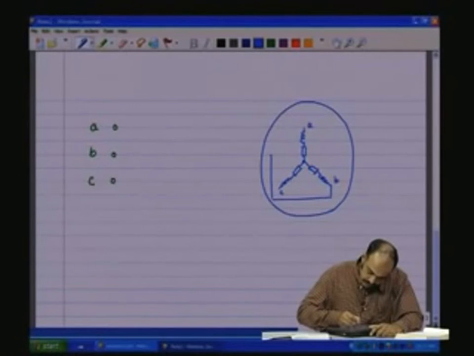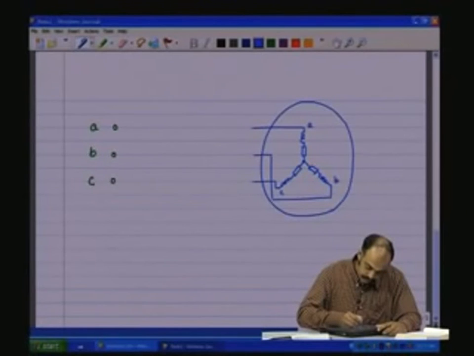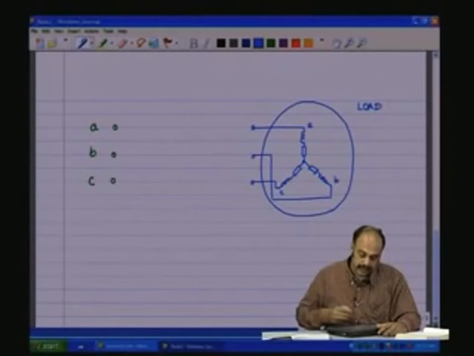So, we have the B phase terminal, the A phase terminal and then the C phase terminal. This is an RL load.